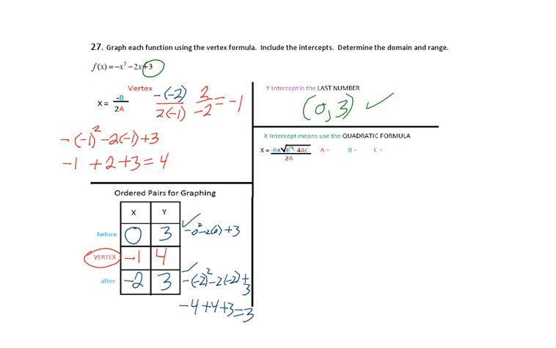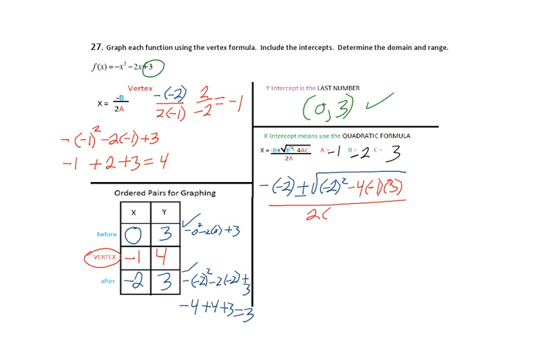Now, x-intercept means quadratic formula. So a is negative 1, b is negative 2, c is 3. Let's punch everything in. So negative b, that's going to be minus negative 2, plus or minus the square root of negative 2 squared minus 4 times negative 1 times 3, over 2 times negative 1.